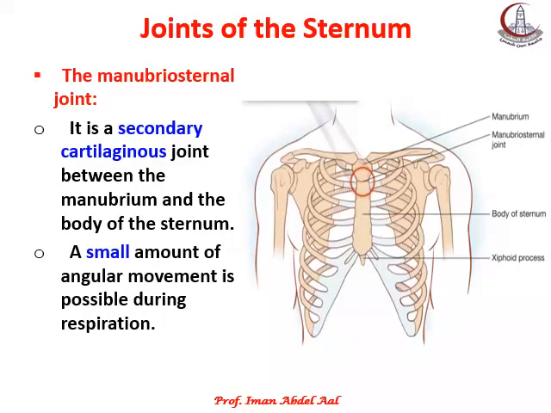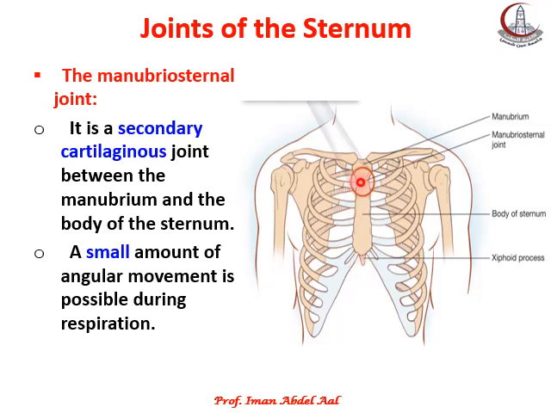Now let's begin with the joints of the sternum. The first joint, if you look at this picture, you have the sternum. The sternum is formed of 3 parts: manubrium sterni, body of sternum, and xiphoid process.